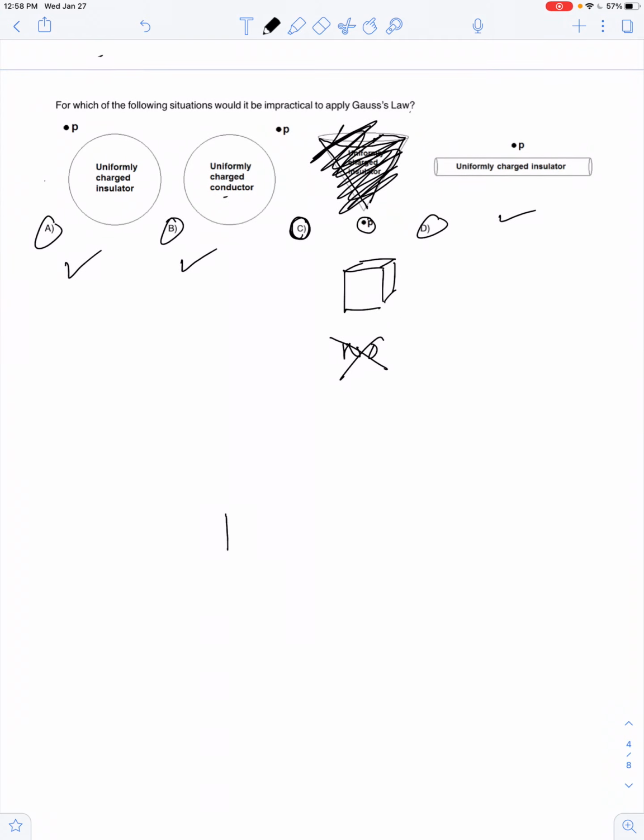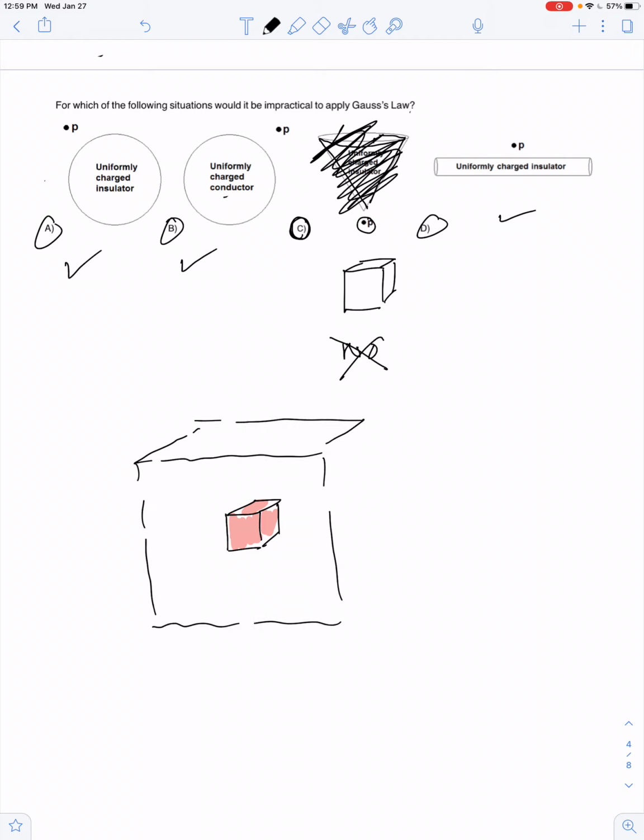So think of it like this. This is our plastic cube that's been charged up. And you might have the inclination that you can just choose a big cube as your Gaussian surface, and that ought to work out.